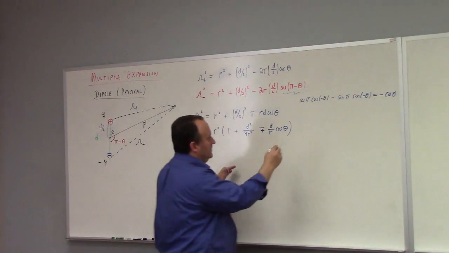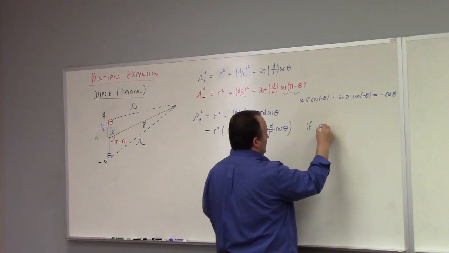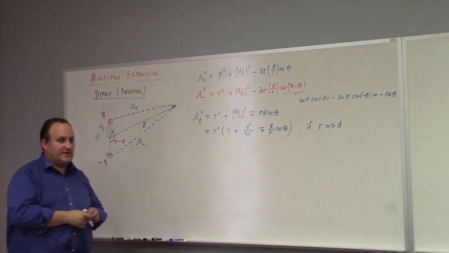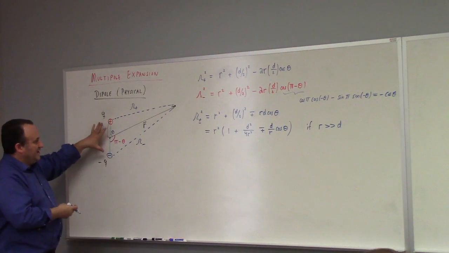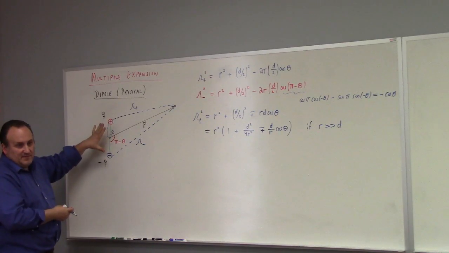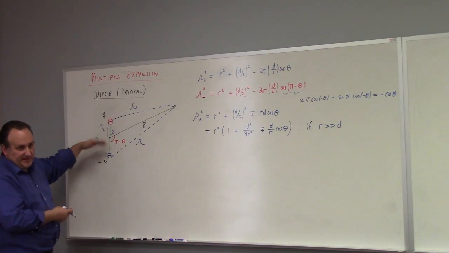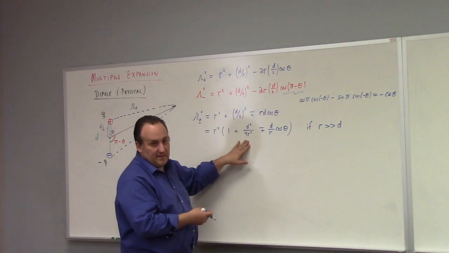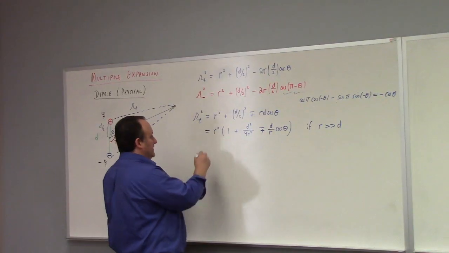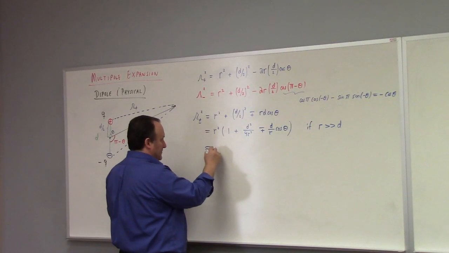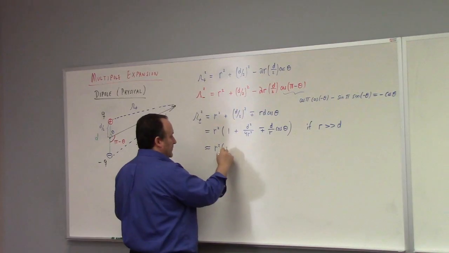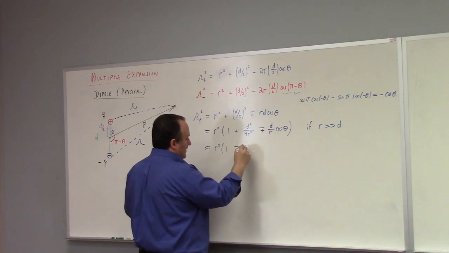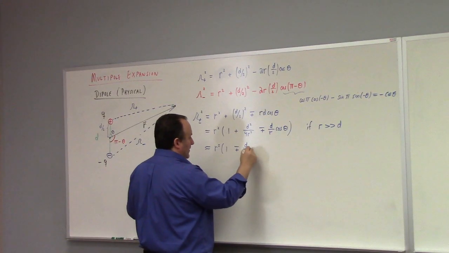Okay, so if r is much, much greater than d, in other words, if you're very far away from the particular details of the dipole, far enough away that you can't really see the distance between the charges, then this term here is puny, so we don't care about that. So this is approximately r squared times 1 minus plus d over r cosine theta.